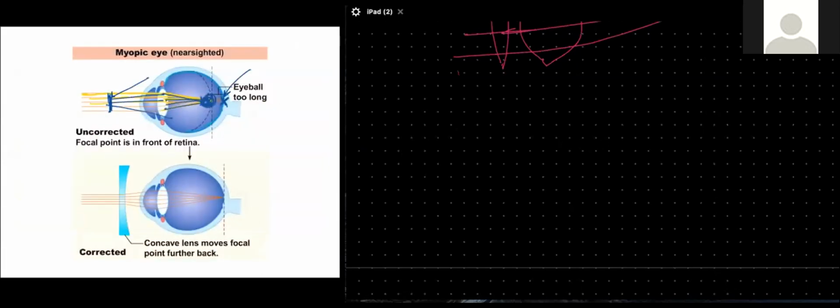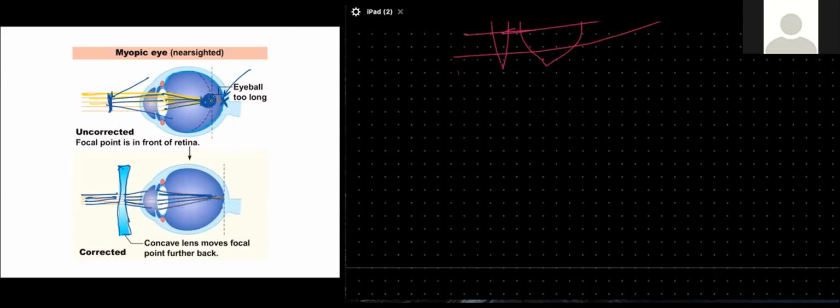But here it's going to be converged before it reaches the retina. So what do you need? Extra convergence or less convergence? You need less convergence. So I will be using a lens that diverts the light rays. Rather than receiving those parallel light rays, I will be diverting them before they reach my eye because I have more convergence than what I need.